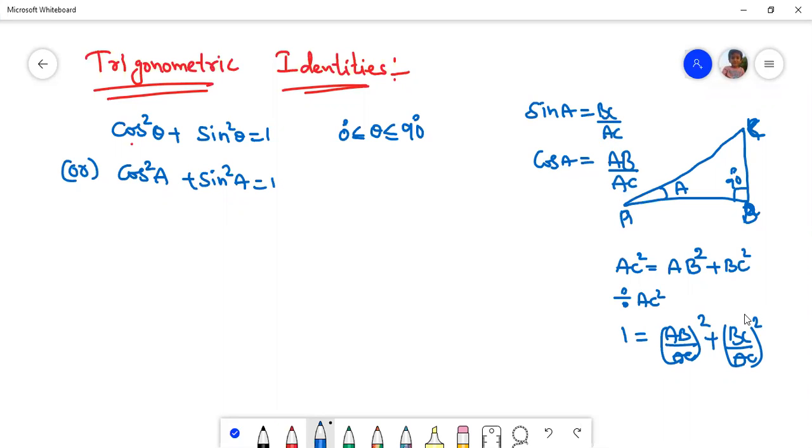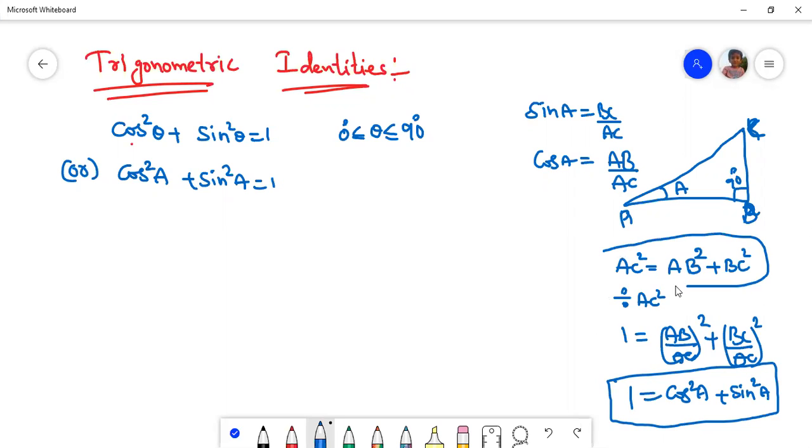In the place of BC by AC, we can write sine square A. In the place of AB by AC, we can take cos square A, equal to 1. By using the right angle triangle, we can apply the Pythagoras theorem. From that relation, we are getting the identities.